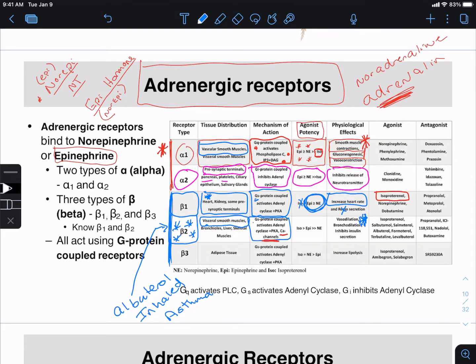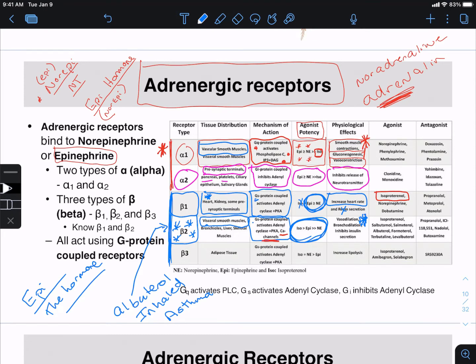So this different pathway allows for a completely different response to epinephrine and norepinephrine. And look here too, epinephrine is very potent, norepinephrine not so much. The beta 2 tends to respond to epinephrine, the hormone, a lot more than it's going to respond to norepinephrine.